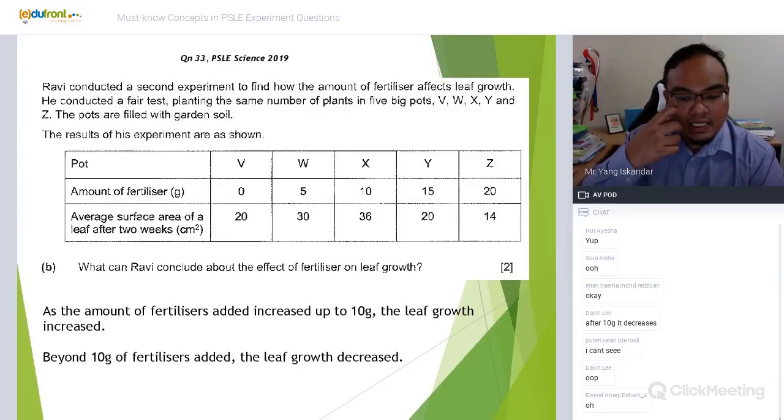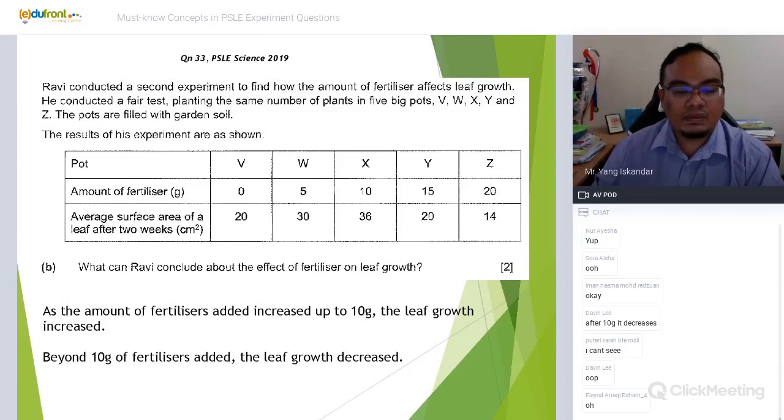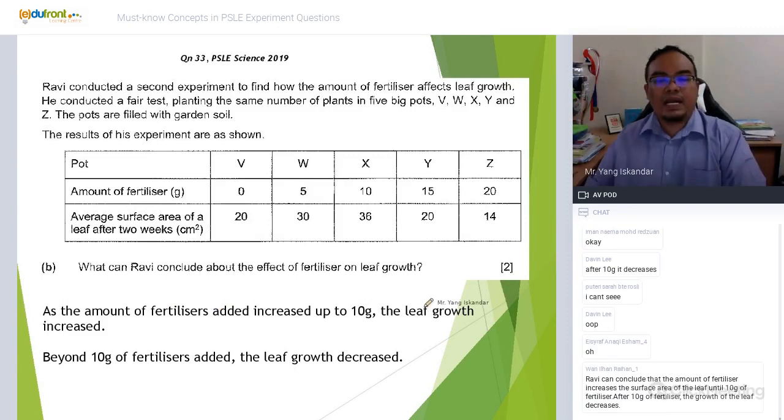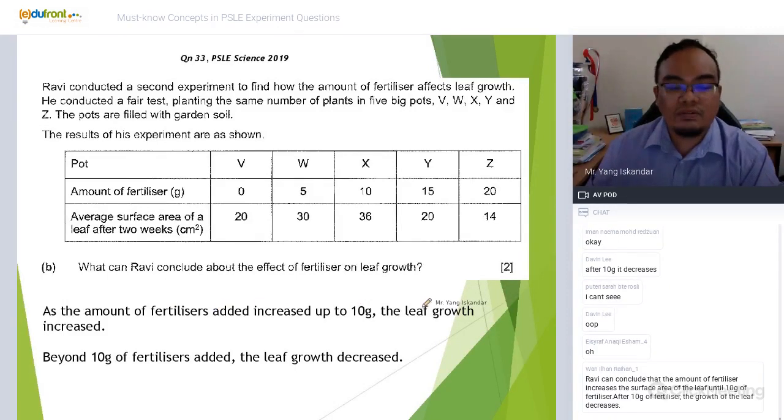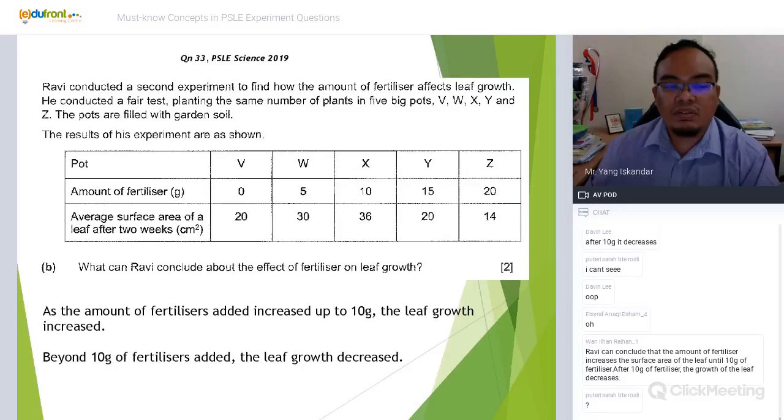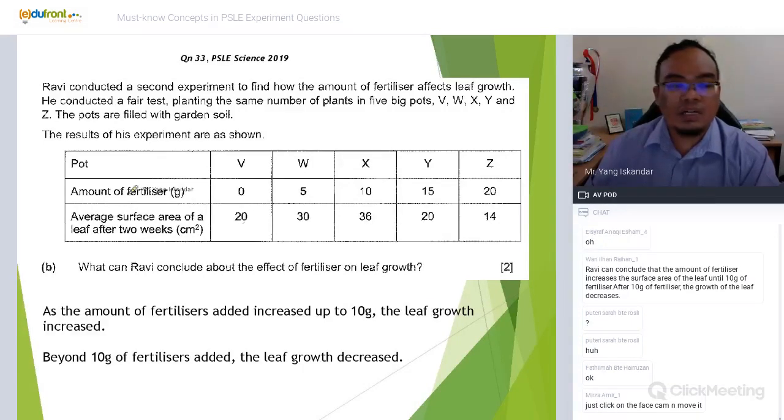As the amount of fertilizer increases, the leaf growth increases, but beyond or after 10 grams of fertilizer added, the leaf growth decreases, or the surface area of the leaf will decrease.